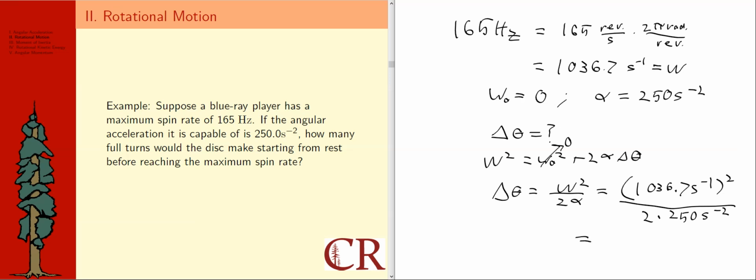My calculator gives about 2,149.6. Do I need any units for this? This is an angle, so you could write radians, but I'm not going to bother, because in physics the physical angular measure is by default the radian.